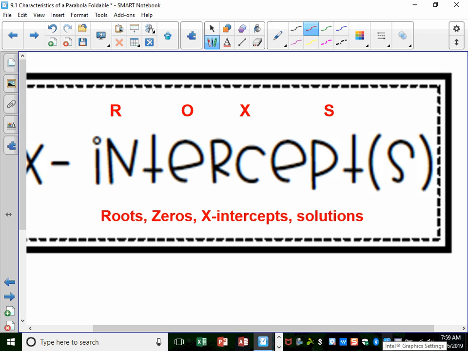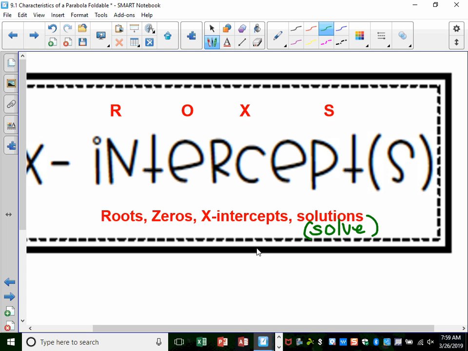And the root word to solutions would be solve. So even if it says solve the quadratic equation, you are looking for x-intercepts. Rocks, that's right. So just make sure you know all of those words, because I could ask on a test the same question 4 different ways.